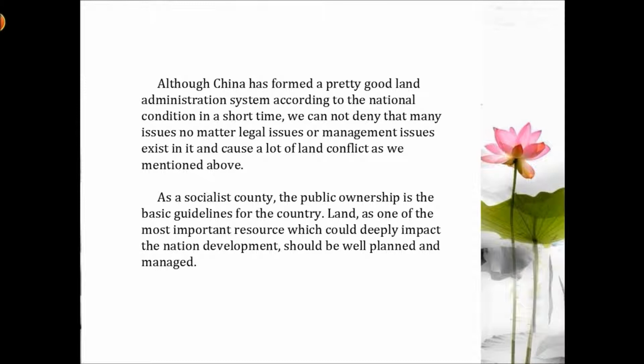Only the government and law have adequate power to control, plan, and improve it. What we need to do now is to find a good way to improve the current land administration system, resolve land issues, and advance industrial techniques.